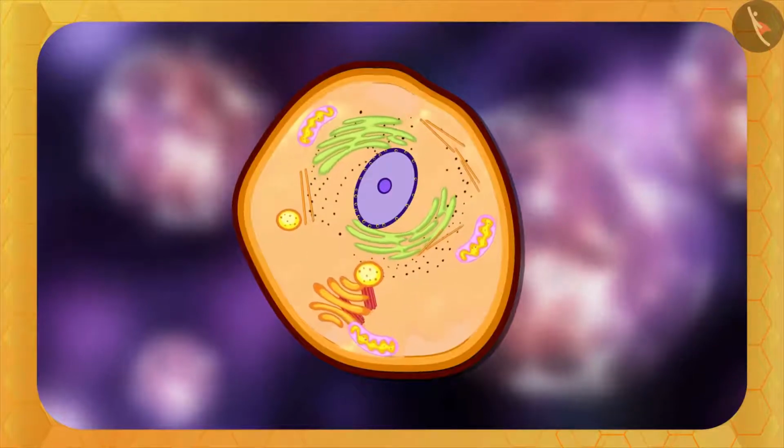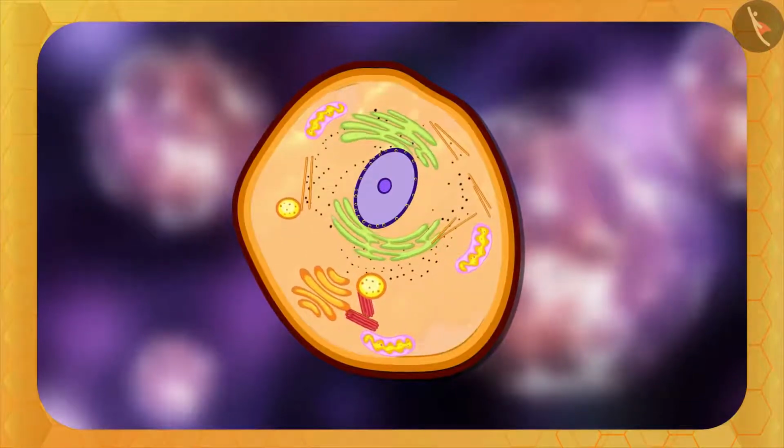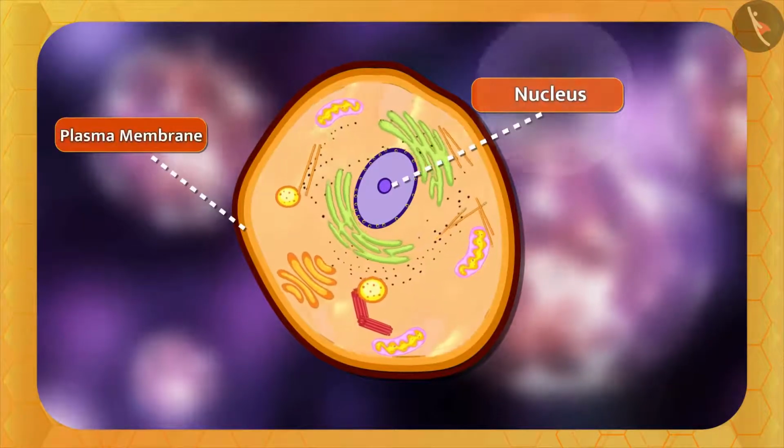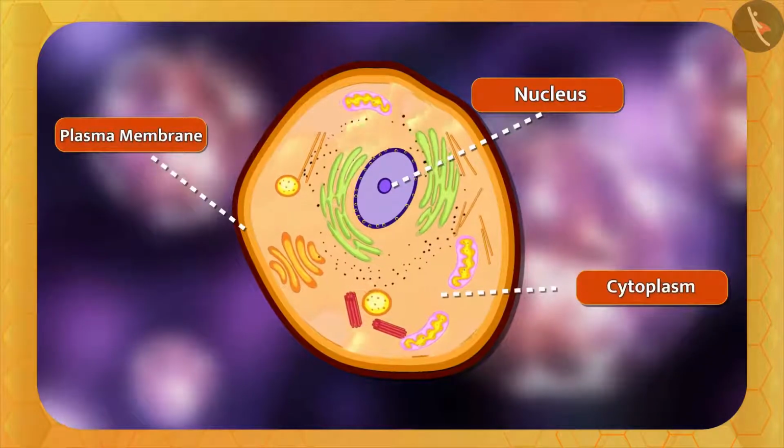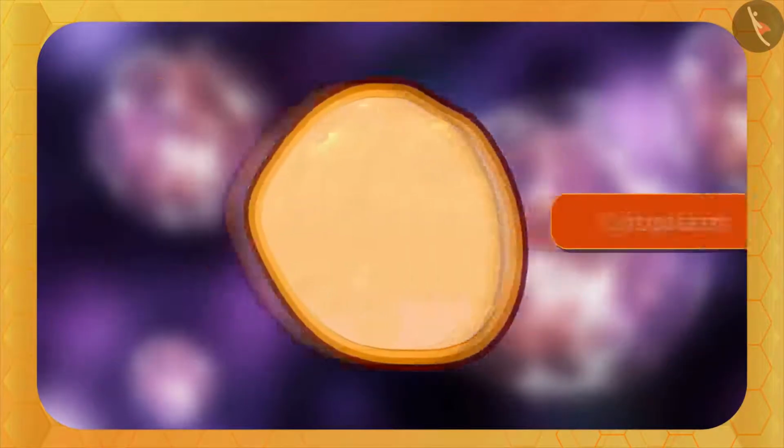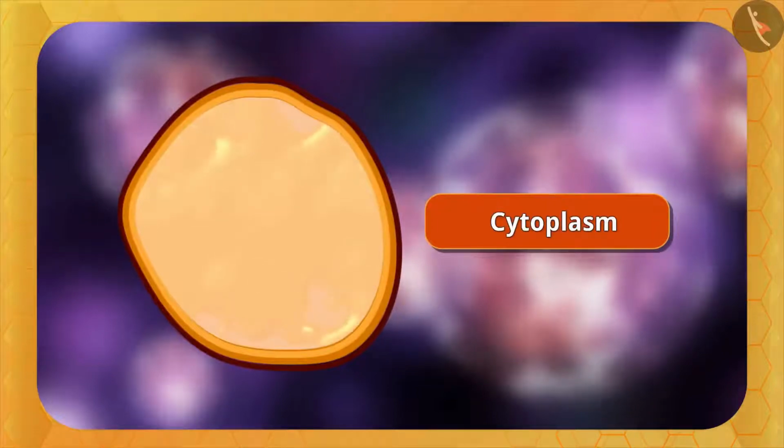Yes, we have already learned in the cell structure that the part between the nucleus and the plasma membrane in the cell is called the cytoplasm. It is a jelly-like fluid. Well friends, what could be the reason for it being jelly-like?